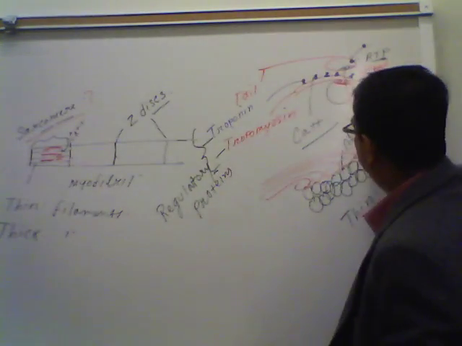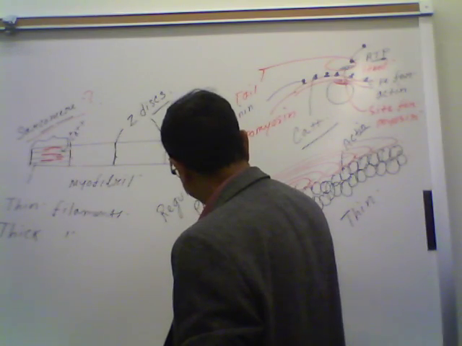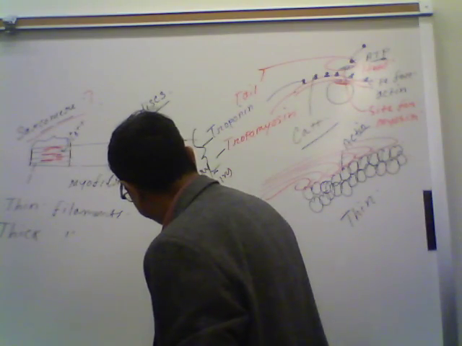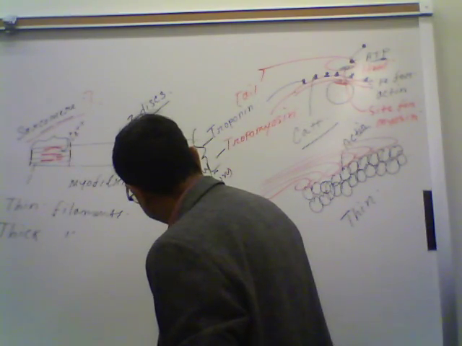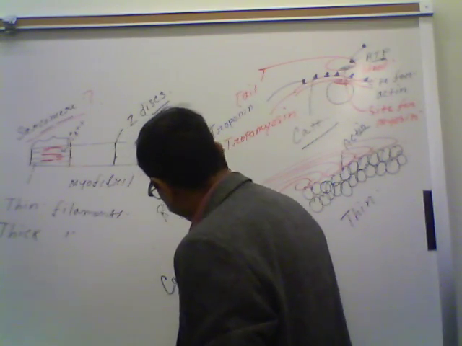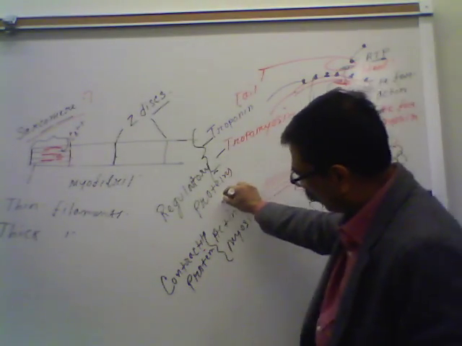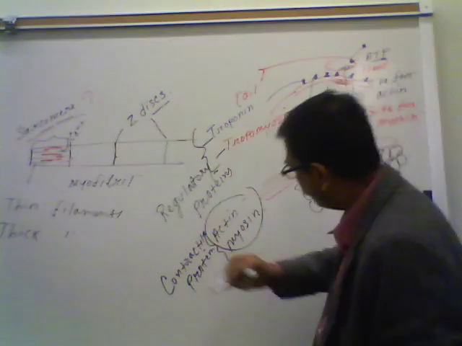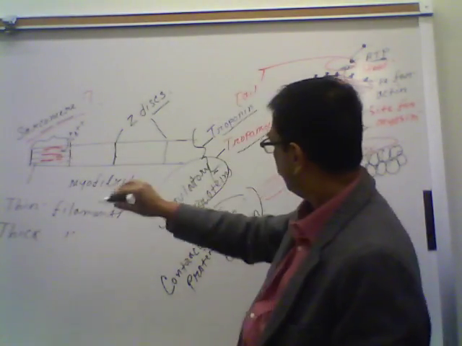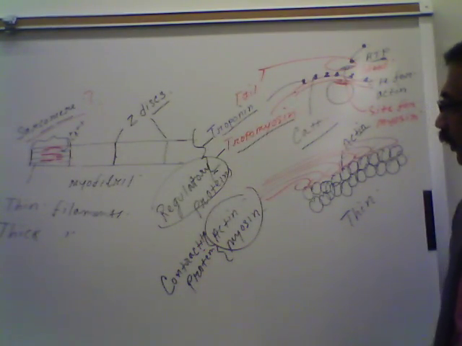And actin and myosin, these two are called contractile proteins. So actin, myosin, all these are proteins, but actin and myosin are the contractile proteins, and troponin and tropomyosin are regulatory proteins. So that's the mechanism of muscle contraction.